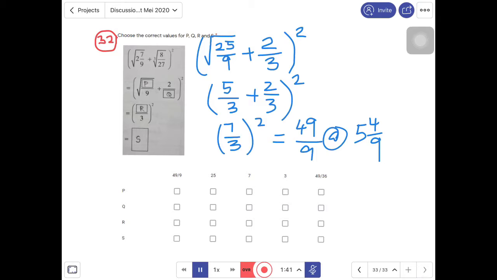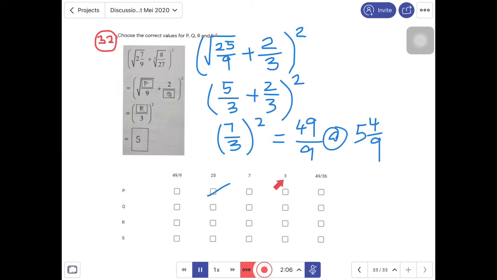So the value of P is, where's the value of P? So P is here, it's 25. So P is 25. And Q is, where is Q? Here. Q is 2 over 3.